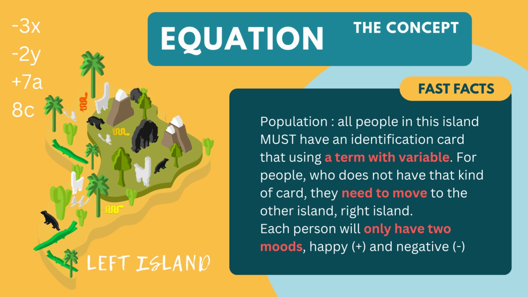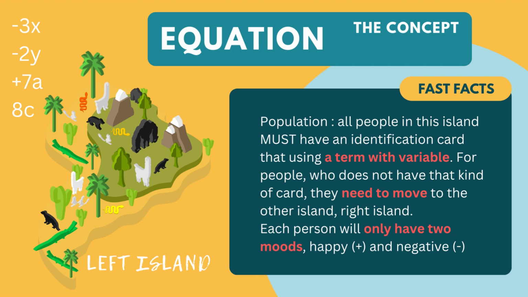Just imagine that on this earth, we only have those two islands. So if they cannot stay on the left island, they need to move to the right island. Now, we also need to consider the mood, the feeling. Each person will only have two moods, happy and negative. So minus 3x means the mood is negative.